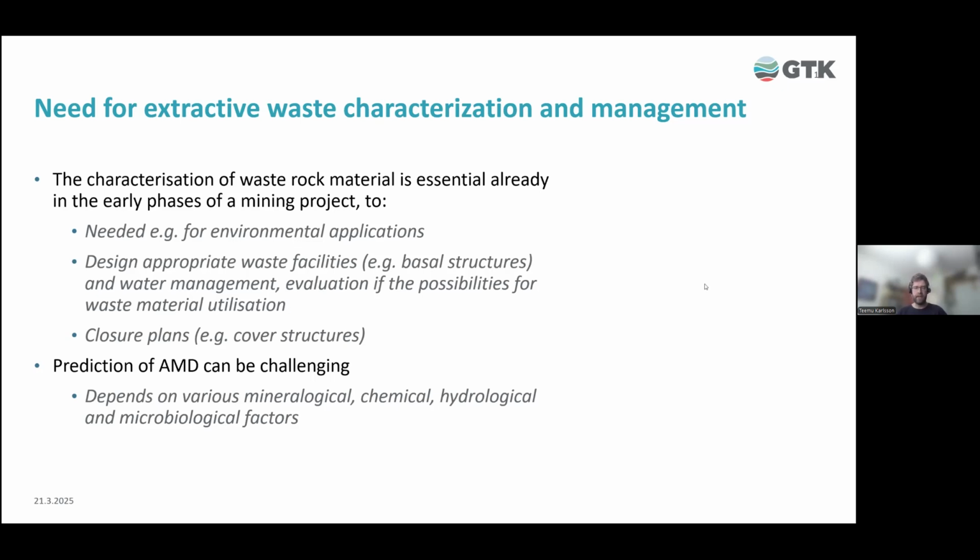And one important thing is also to evaluate if there are some possibilities for utilization of waste materials. And also closure plans need to be presented quite early. Those include, for example, cover structures.